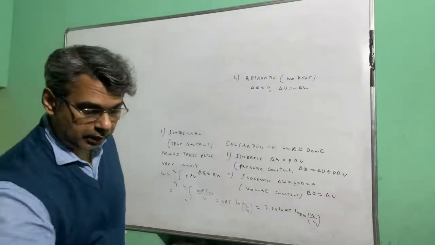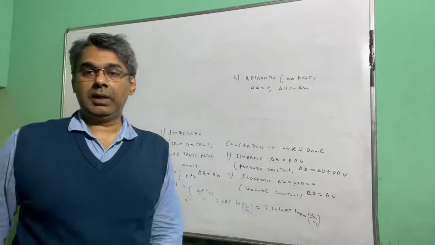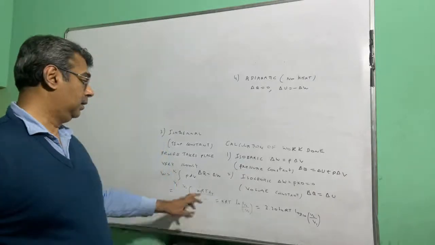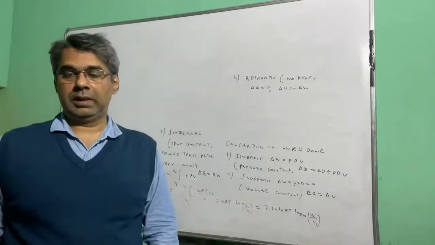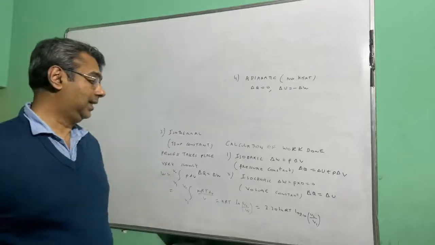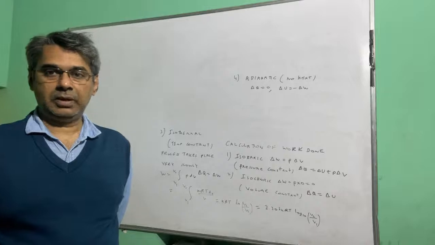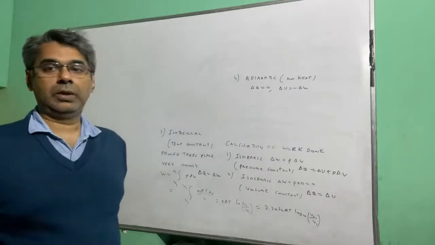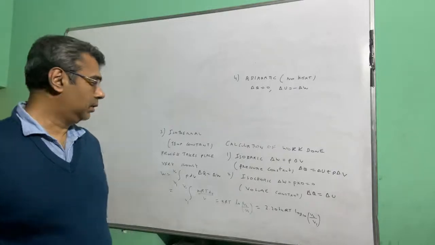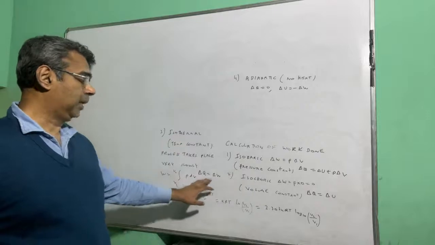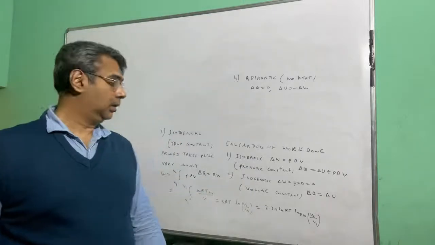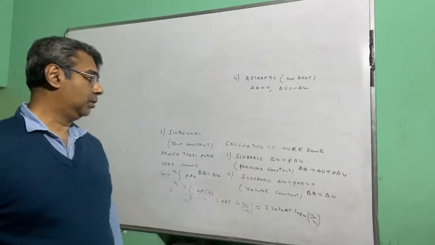This is important. If you are talking about an ideal gas, then the delta U, that is the total internal energy of the ideal gas, only depends on the Kelvin temperature. It doesn't depend on anything else. So if it is isothermal, then the delta U part will be gone, so delta Q will be delta W.